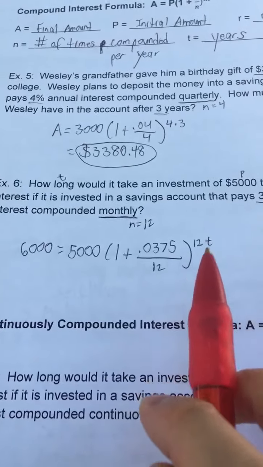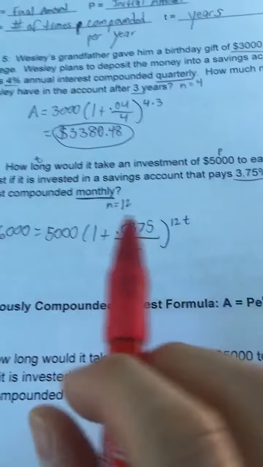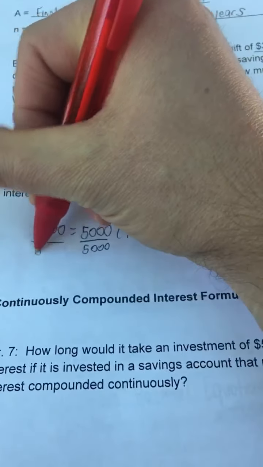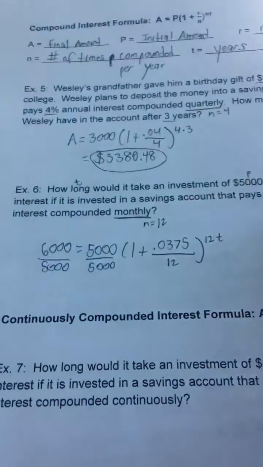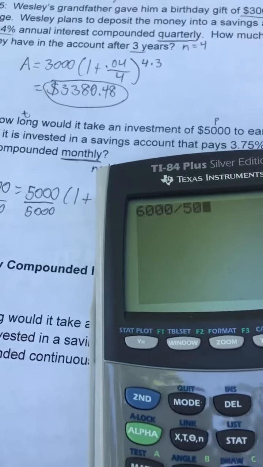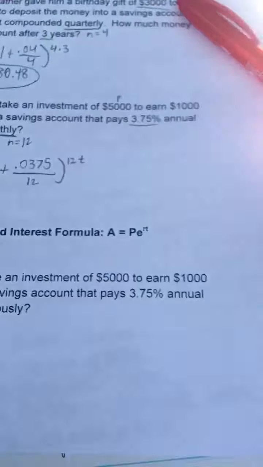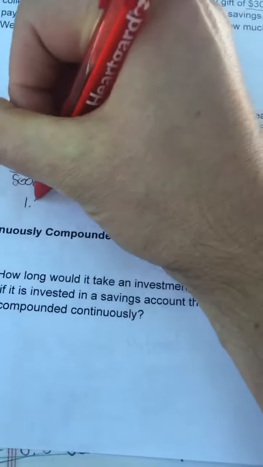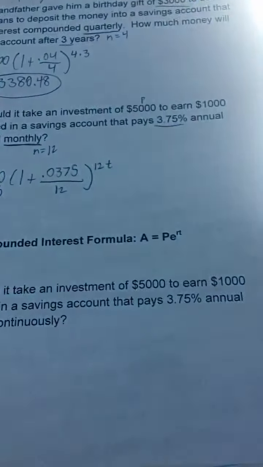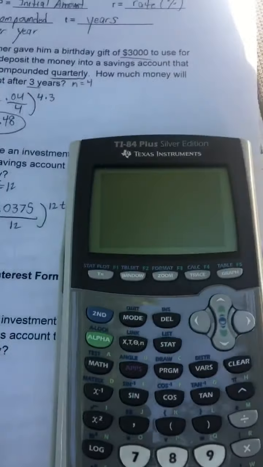A couple things I could do. First of all, I need to get rid of this 5,000, so let's divide that. 6,000 divided by 5,000 is 1.2.